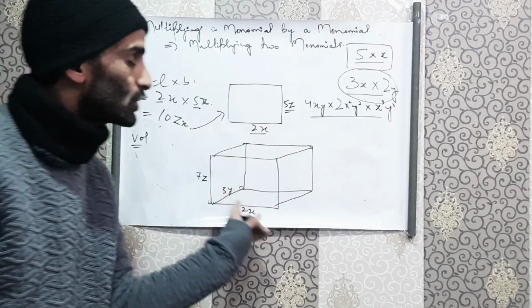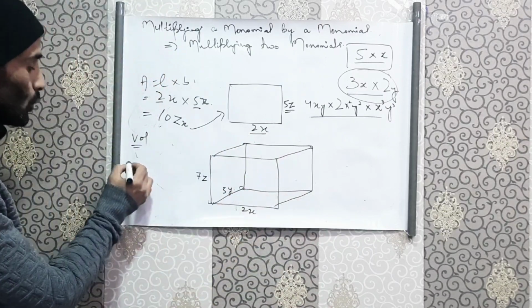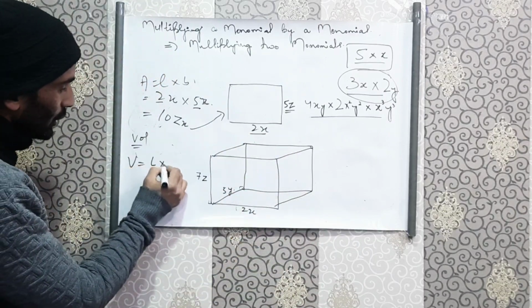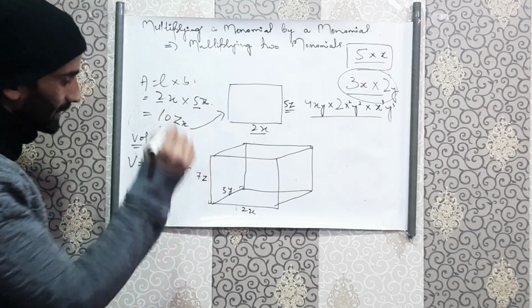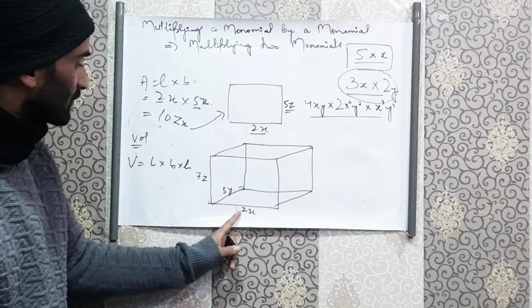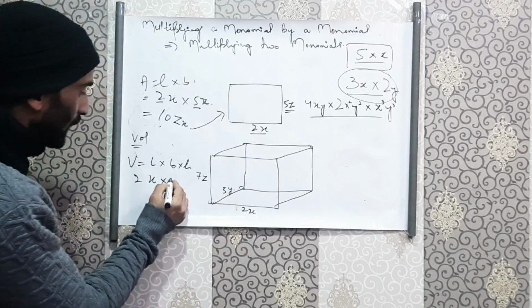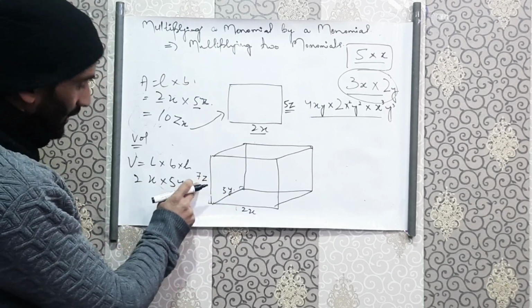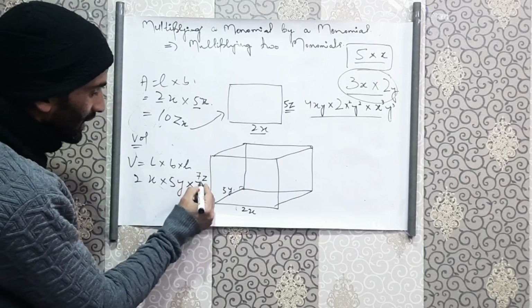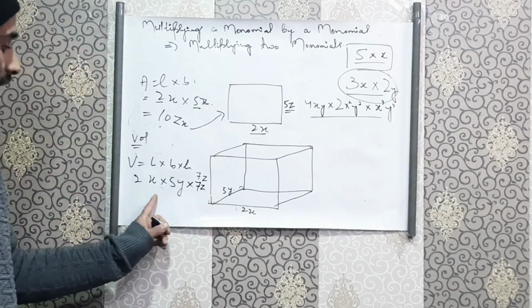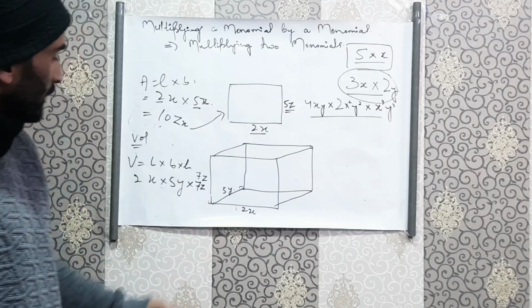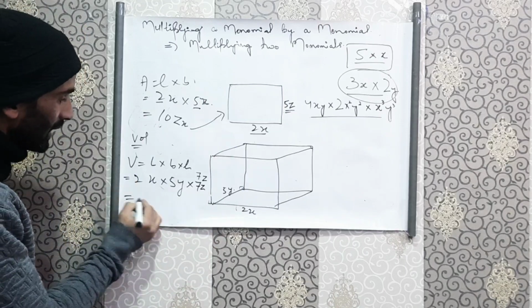We have to find its volume. What is the volume of a cuboid? That is length into breadth into height. What's our length? 2x. Into, what's our breadth? That's 5y. And what's our height? That is 7z.